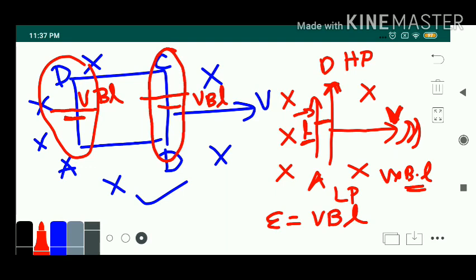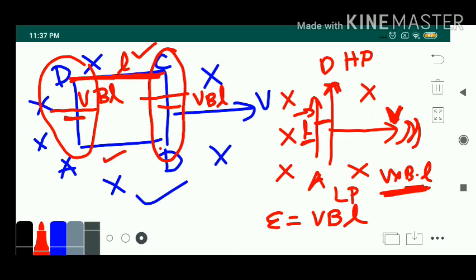When I consider this entire length, it is parallel to the V. Whatever the higher potential and lower potential, this length L is parallel with V. I have told you that if any two terms in this equation are parallel to each other, then the induced EMF is 0. So DC can be just drawn as it is.